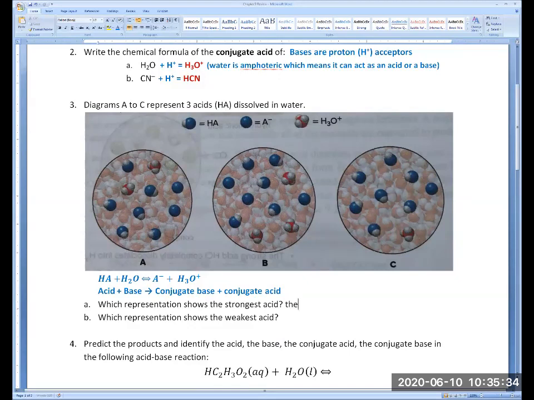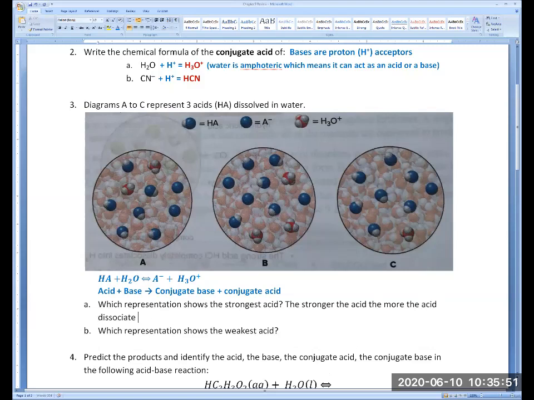So the stronger the acid, the more the acid dissociates into its conjugate base.